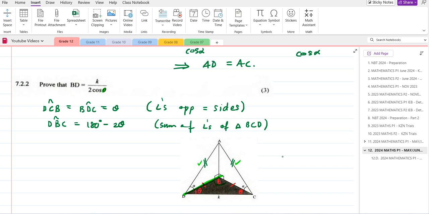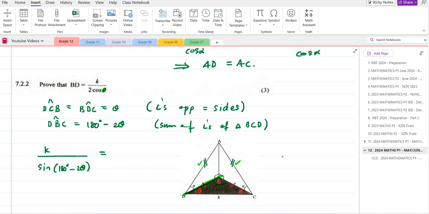So we can say K over sine 180 minus 2 theta, which is angle B, is equal to, I'm only looking at the horizontal plane, K over sine theta equals angle C.